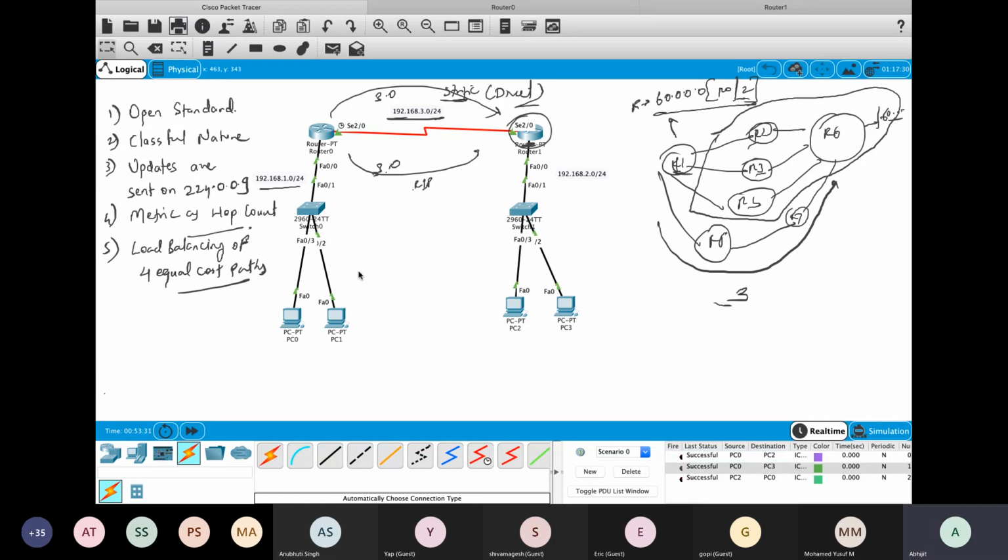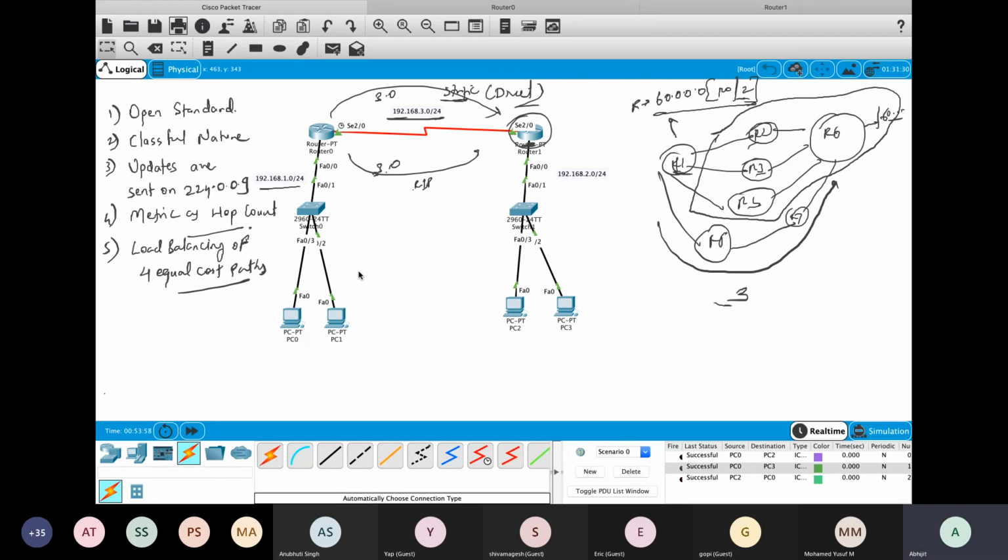So you have a tiebreaker, or you have 3 such routes that make you reach the destination with the same number of hops to be crossed. But the last route would be added into the routing table with a hop count of 3, not with a hop count of 2. That's why it doesn't become eligible. And only R2, R3, and R4 will be able to install the route into R1's routing table.